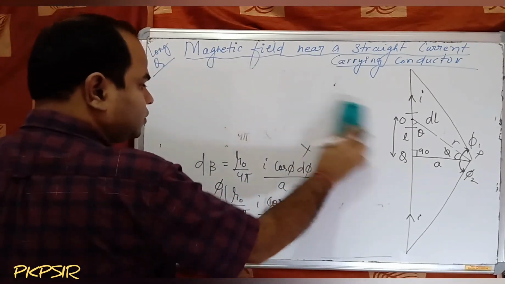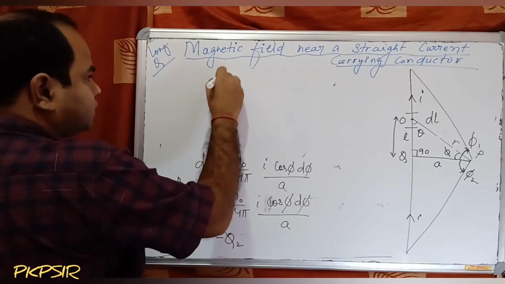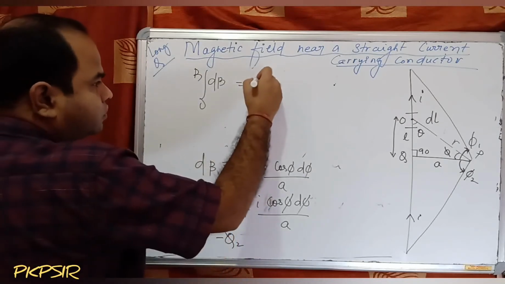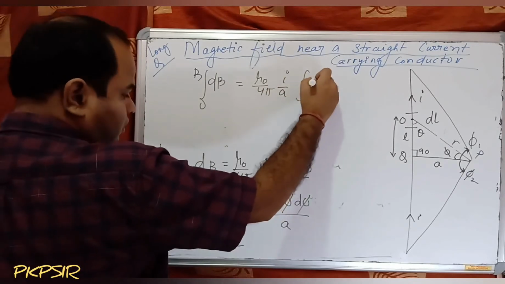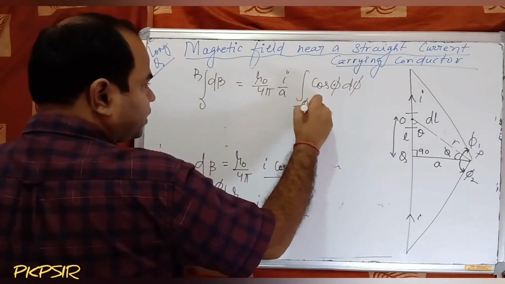So if we integrate, what will we get? This is mu naught by 4 pi I by a, which is constant, times the integral of cos phi d phi from minus phi 2 to phi 1.